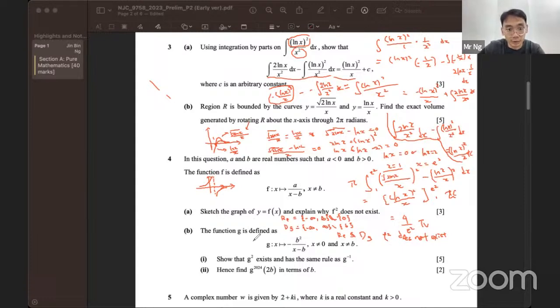The function is defined, and G squared exists, and show that G squared exists. So the graph will look the same, except that the range of g will be, I think it's the same thing, minus infinity to infinity, excluding 0.